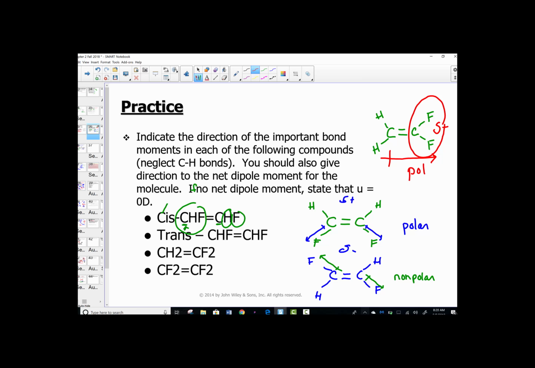That's a polar molecule. If the carbon-to-carbon double bond had just fluorines, all directions were the same. There's a vector quantity in terms of distribution of charge, but it's equal and opposite in all directions. That's a totally symmetrical molecule, making the molecule nonpolar.